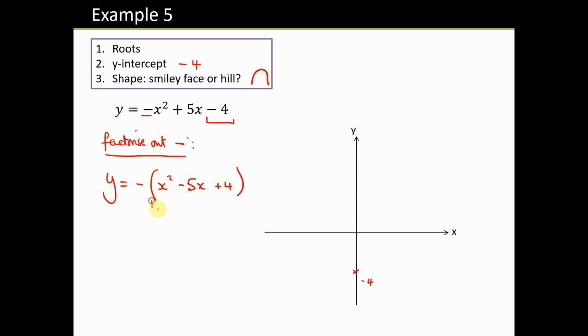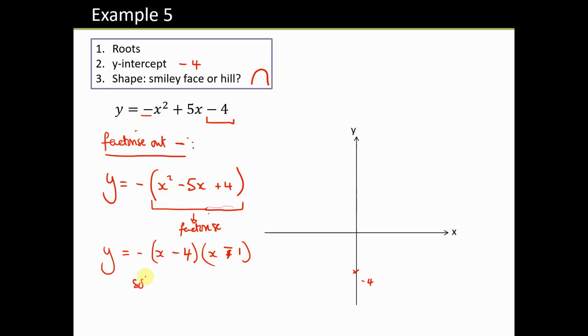Then I just want to factorise what is in this bracket. We can keep that minus at the front there. It's not going to do anything to our solutions. Our solutions will be found the exact same way. You could even ignore that minus sign for now. So if I go to factorise this, I'm going to have minus 4 and minus 1.